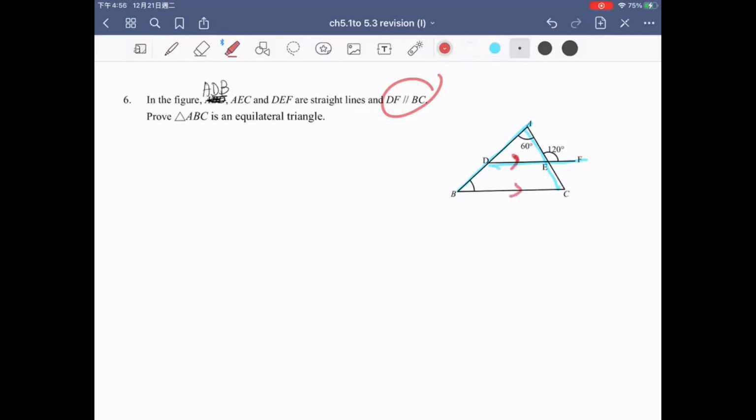And we want to prove an equilateral triangle, which means all the sides of the triangle are the same, and the interior angles also. The interior angles of any equilateral triangle must be 60 degrees. So we want to calculate this one, this one. Mark all those.